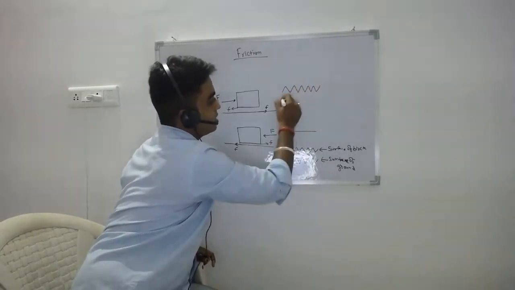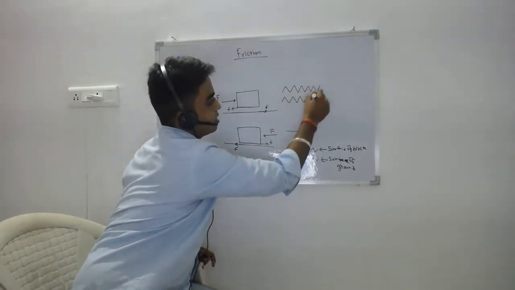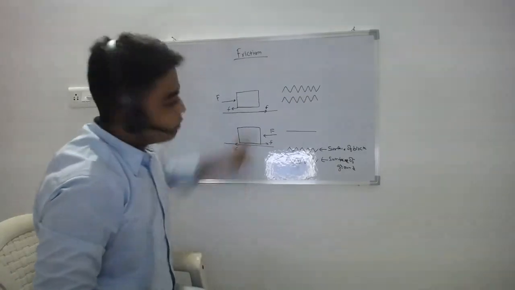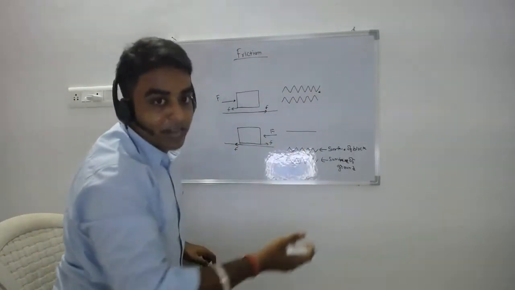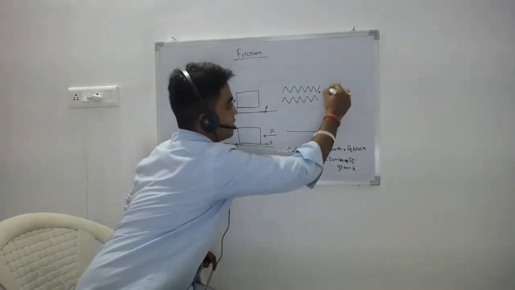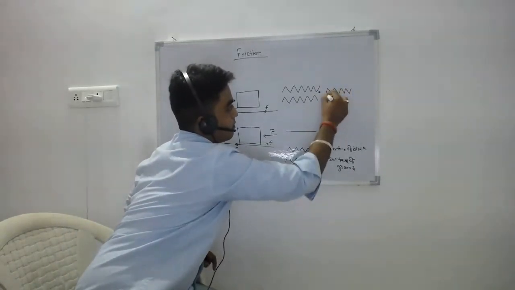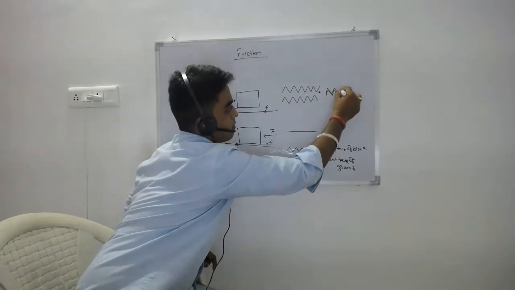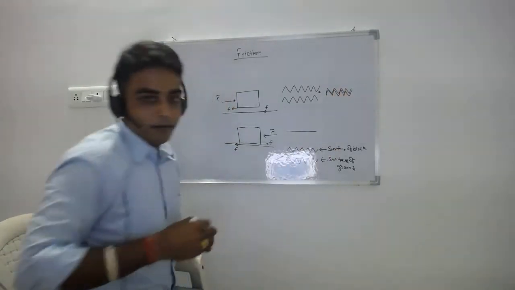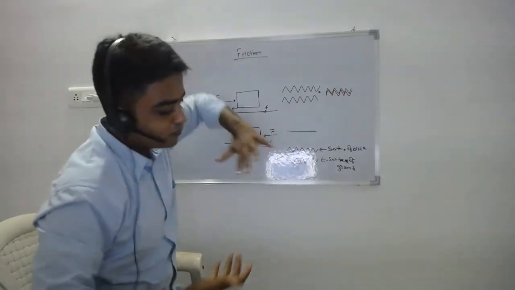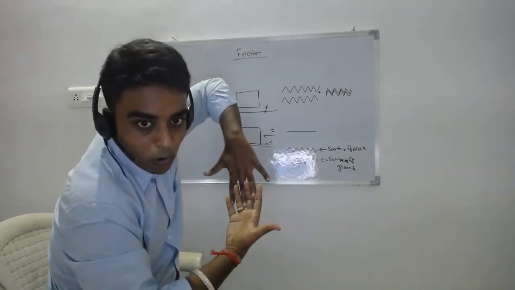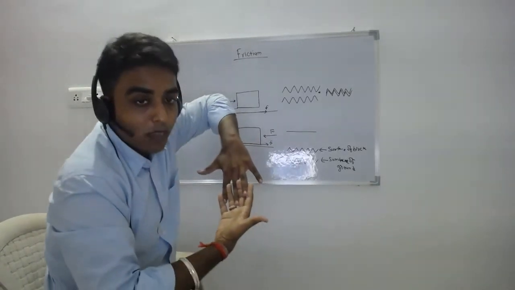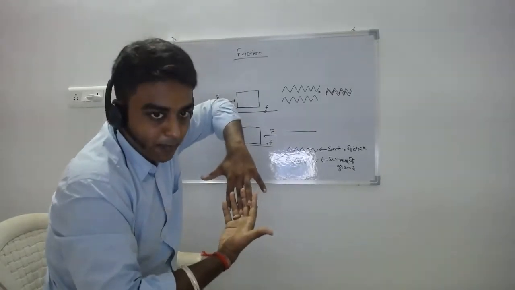If I draw it here, one surface is like this, second surface is like this. So when you place them like this, what happens? They will make interlocks. This is the surface of one block, and this is the surface of another block, so they make the interlock. Now this happens in rough surfaces.